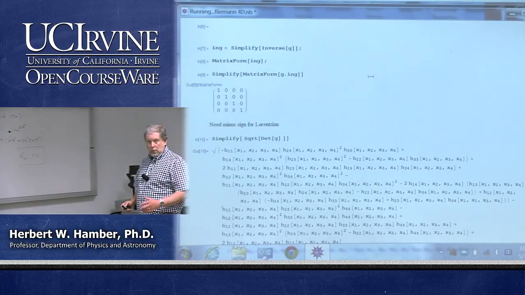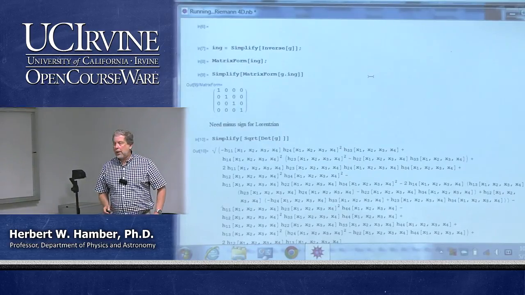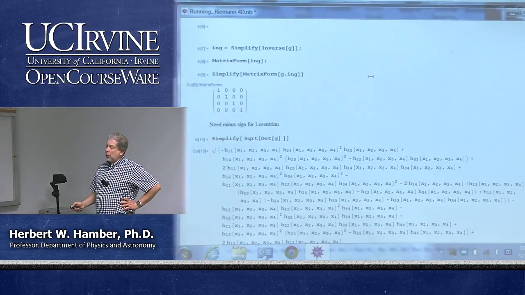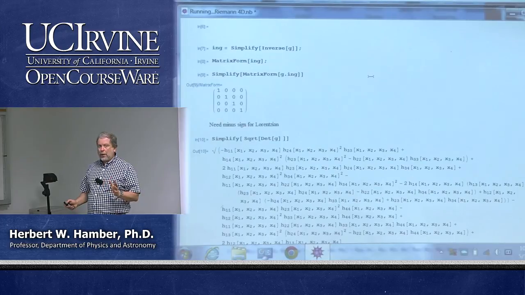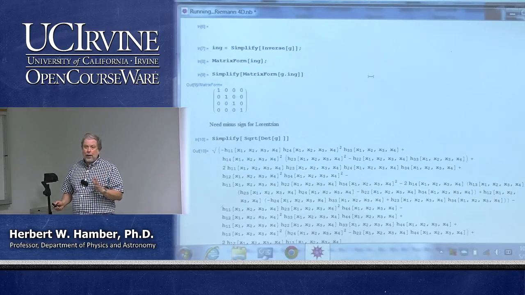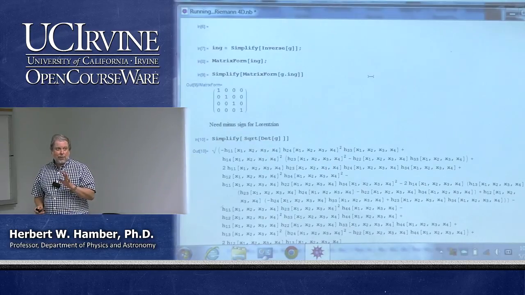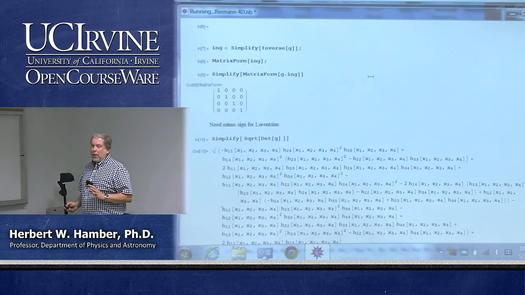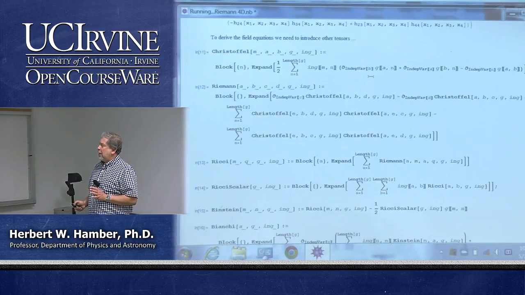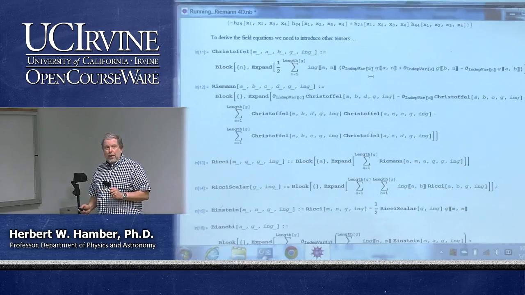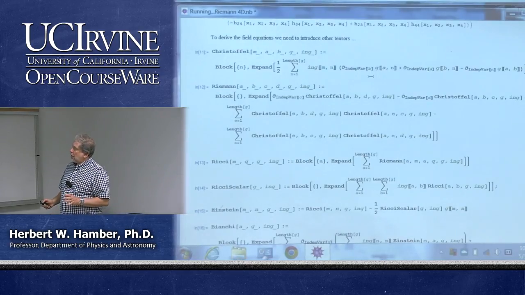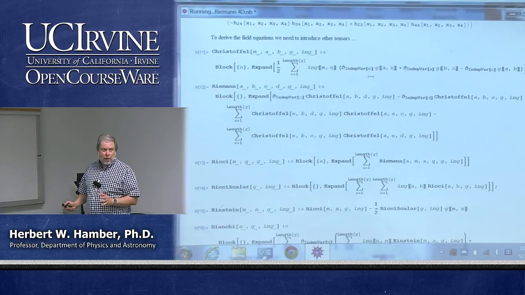So one of the things that you can calculate is the determinant of this metric. And already when you calculate the determinant, you get quite a few terms, right? And we haven't even started to calculate components of the affine connection or any of that. So that comes here, right? And so this is the definition we use, which is the same as the one we employed in class, right?